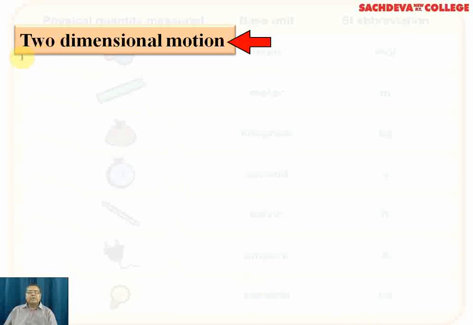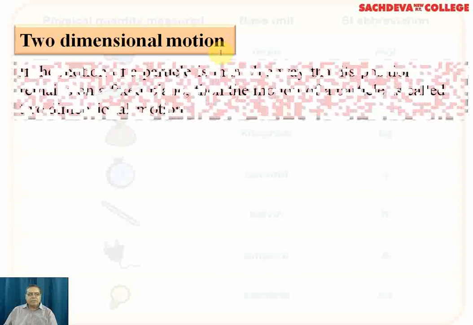Now in two-dimensional motion, we consider a plane and an object placed on the plane. This object has two coordinates, x and y. That is, x represents the distance of the particle on the x-axis and y represents the distance of the particle on the y-axis.